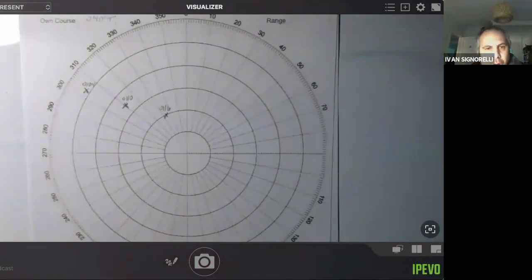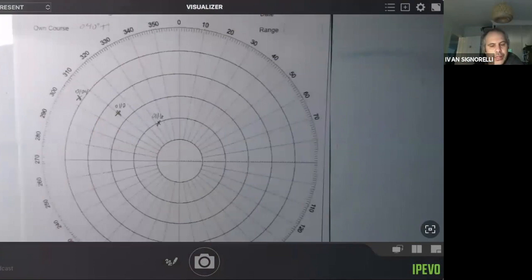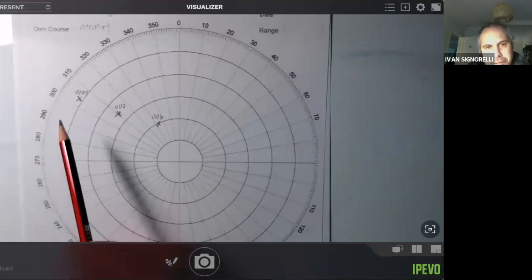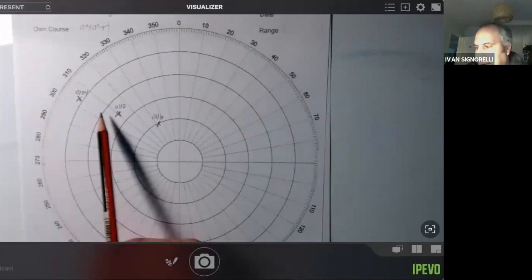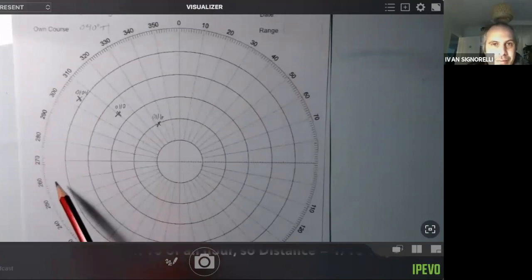Once you've plotted all these three, you notice that they should be somewhat in a straight line. Firstly, I want you to notice something. Notice that each mark is how many minutes apart? 6 minutes.